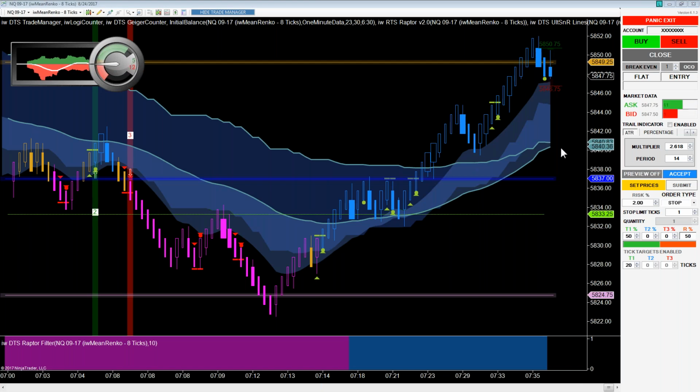Right, so now we're waiting on that pullback to the hard edge or something resembling a pullback. You can see we're already producing a warning dot. If this does develop into a buy signal, we're going to get a number one signal printing at this point.